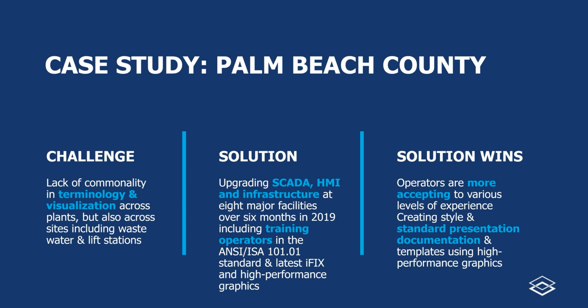So far during the implementation, solution wins have been the operators are more accepting to the various levels of experience, creating the style and standard presentation documents, using templates so that the images for each control area are identical and you can predict and know how you're going to control them and use them, and using the high performance graphics.